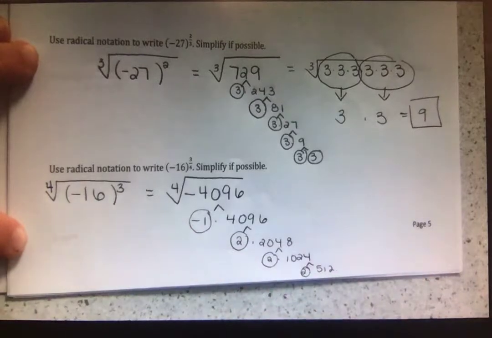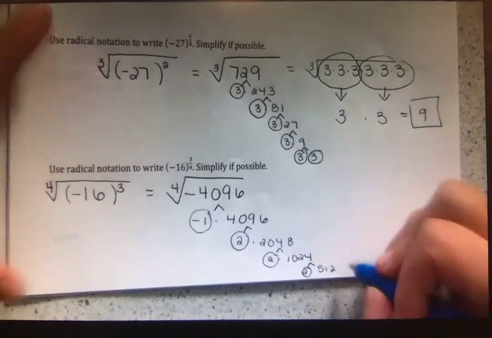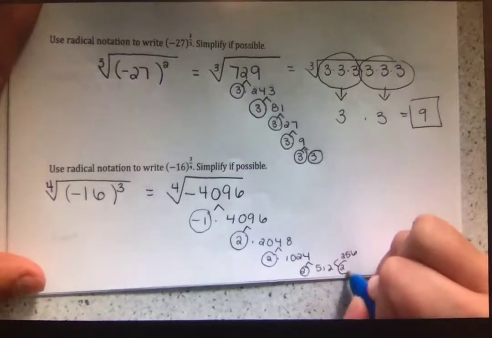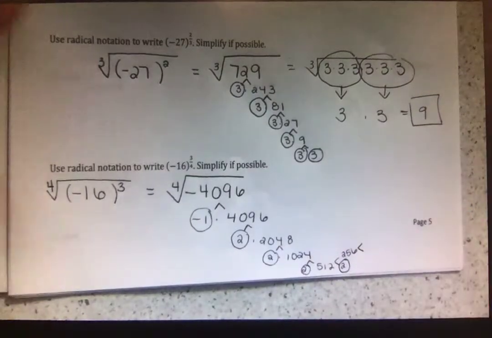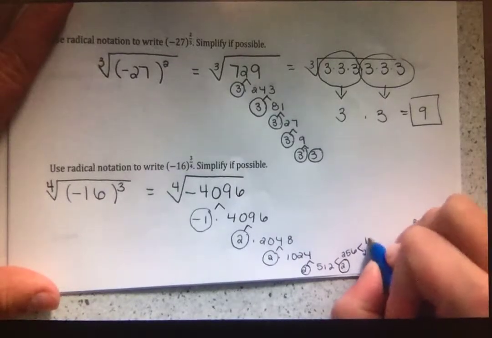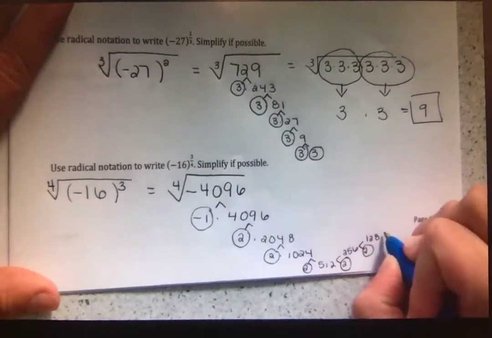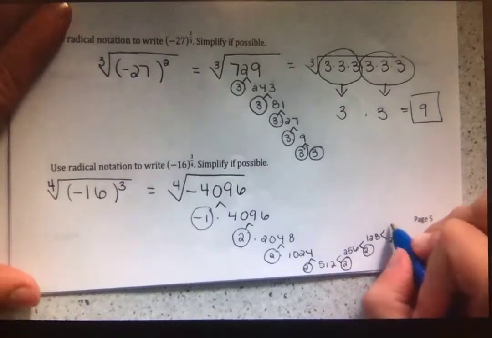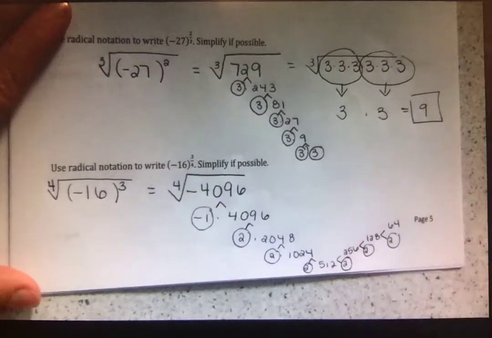I'm running out of room. 512 is 2 times 256. 2 is done, so it gets circled. 256 is 2 times 128. 2 is done, so it gets circled. 128 is 2 and 64. 2 is done, so it gets circled.